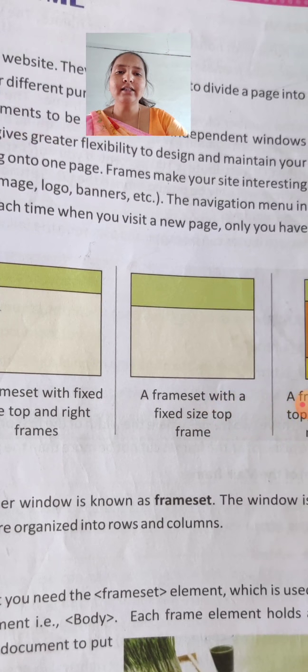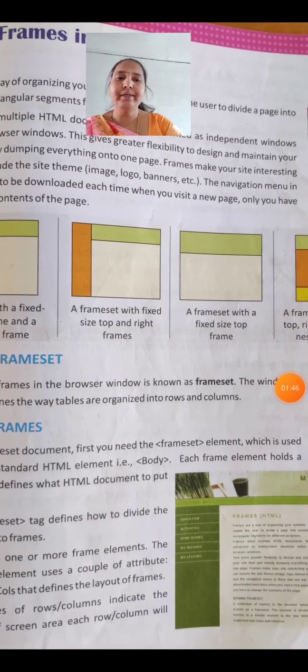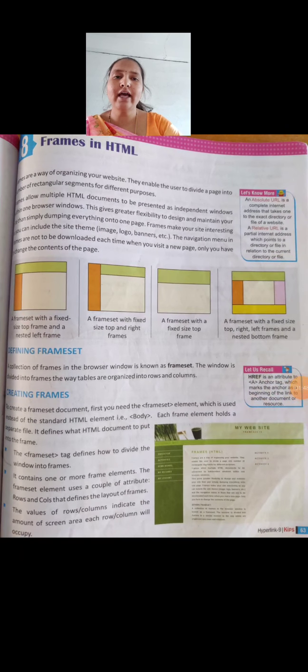These three are the pictures they have given, showing how to divide a window into frames. They have given the designs also, in different designs the frames are shown in the window.